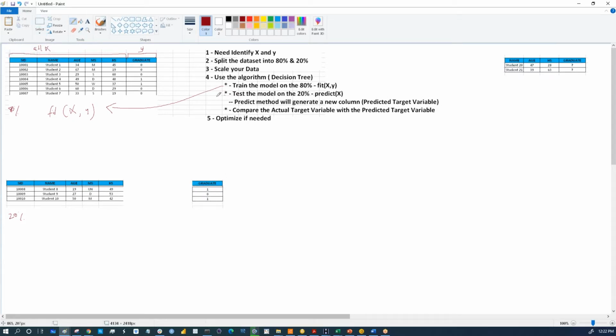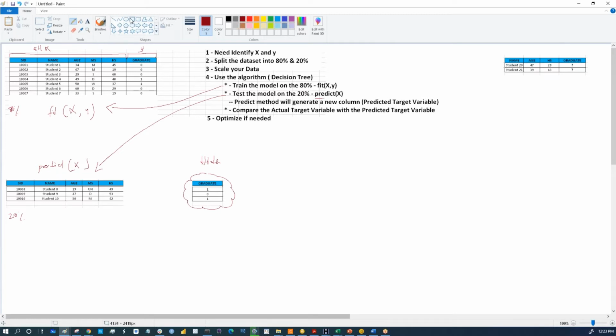When we test, we are going to test using the predict function, and on x, only on x. So we are going to hide this target variable from the predict function.